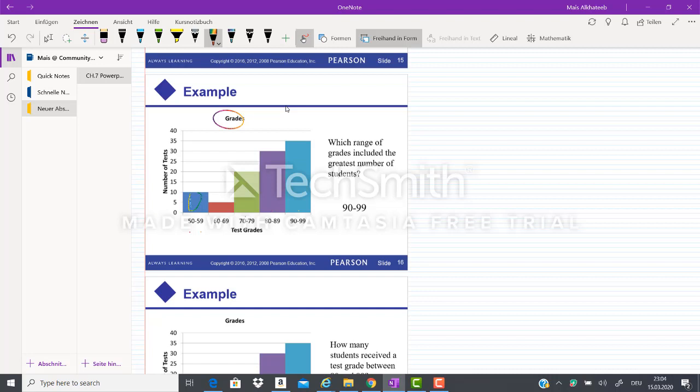Which range of grades includes the greatest number? Greatest number means the biggest number, the highest bar. So the highest bar is 90 to 99. It's the biggest number.